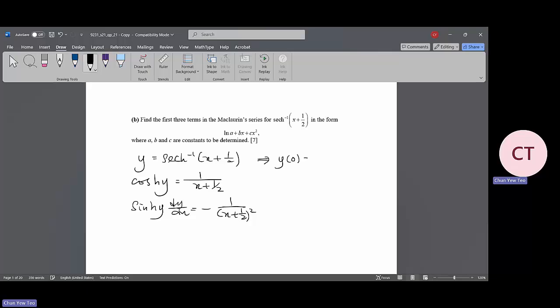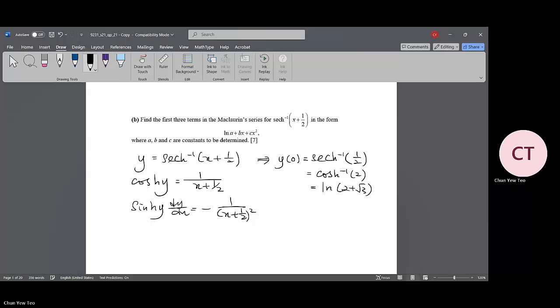When x is 0, you have the inverse function of 0 plus half, so this is actually the arccosh of 2. Just go to the formula booklet, MF19, and look for the formula. It will be ln of x plus the square root of x squared minus 1. Replace x with 2, then you get ln of 2 plus root 3.